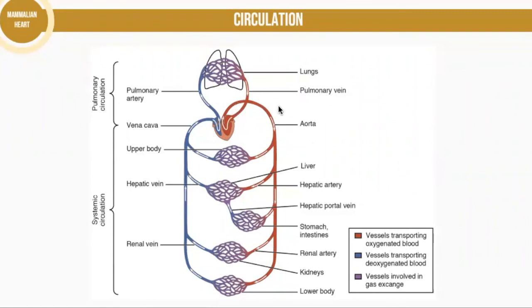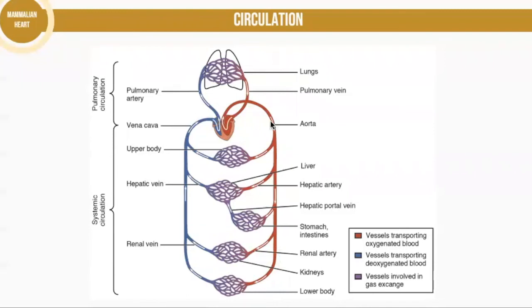Here we can see in the systemic circulation, you have different tissues being serviced: different organs, the upper body, the liver, renal artery, kidneys, lower body, etc. In this slide, I just want to emphasize that there is a unique case.